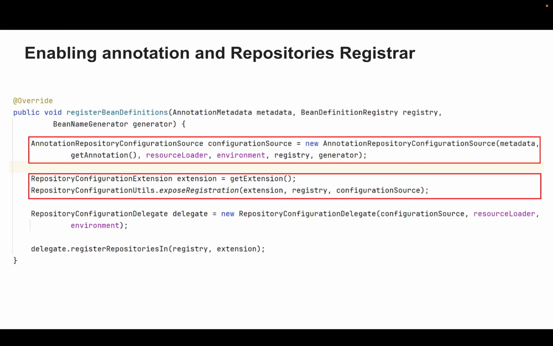During registration of the bean definitions, we get information from our enabling annotation as the configuration source. We also get the extension instance, which is the second part of our bean definition. And we build the final bean definition based on these two data sources and return it from the registrar.